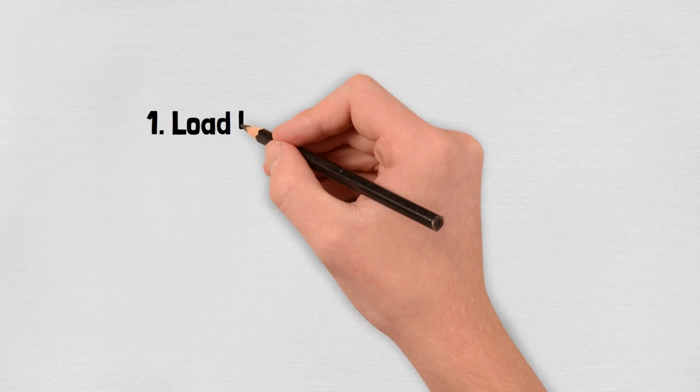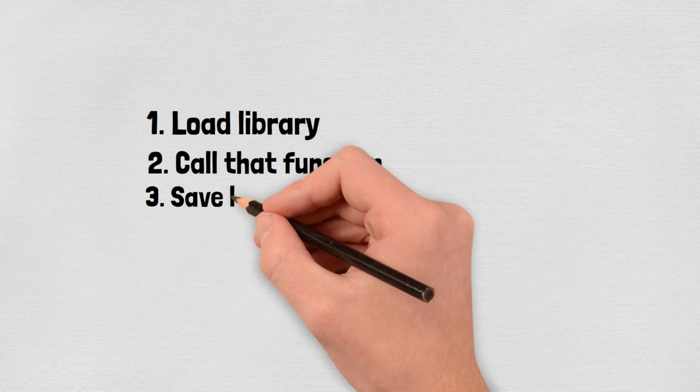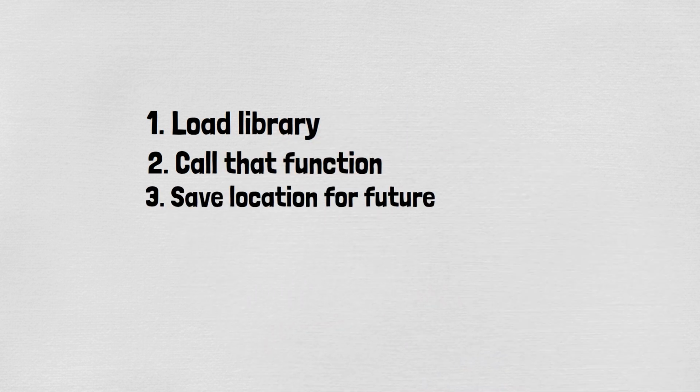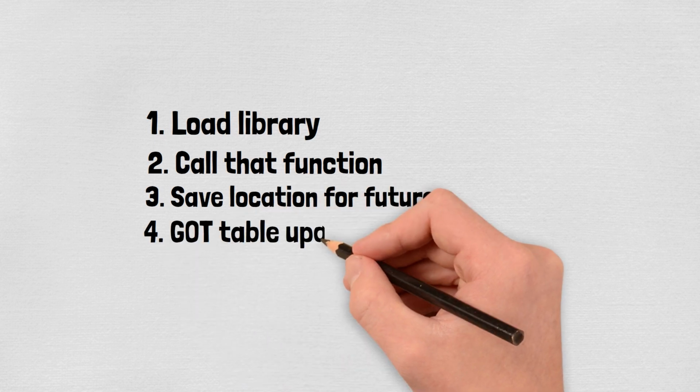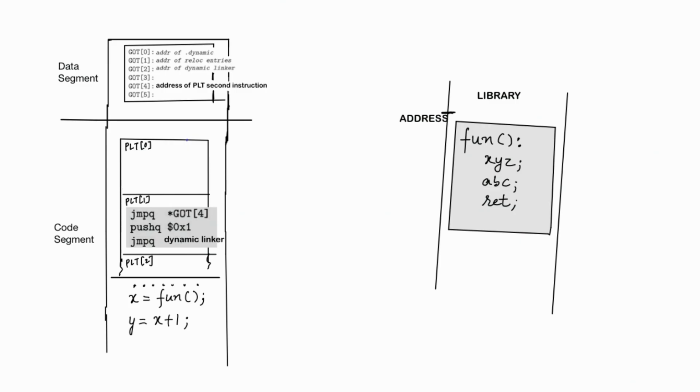The dynamic linker then leaps into action. It loads the library, calls the function, saves the location for future use, and updates the GOT table to ensure that future calls to the same function don't require resolution again. Let's delve deeper into the process. On the left side, we have a program or a process loaded into memory and ready for execution.